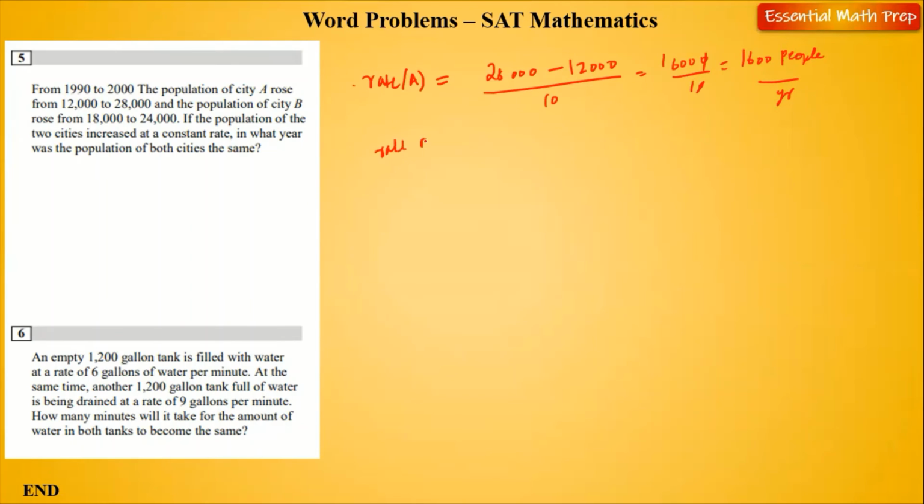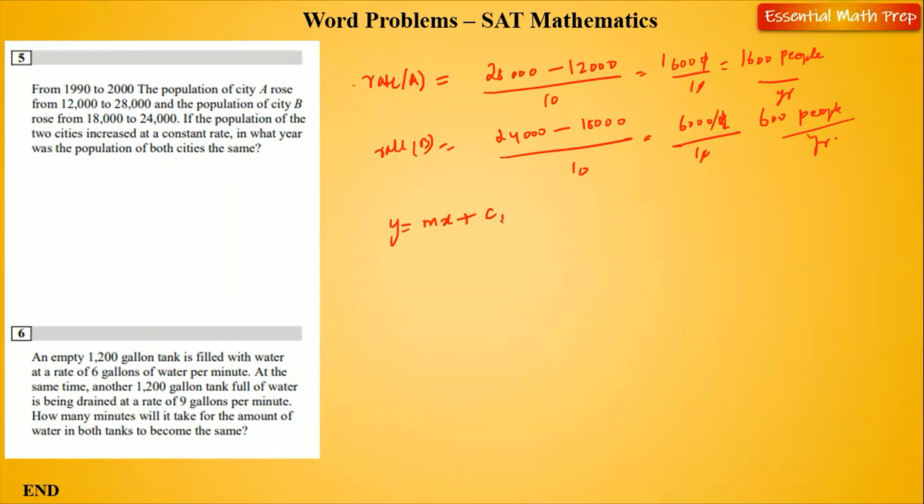Similarly, for the rate of city B, it is 24,000 minus 18,000 over 10 years. So that's 6,000 over 10, so that is 600 people per year. Because it's a constant rate, you can write it as y equals mx plus c1 and y equals mx plus c2. What are c1 and c2? M is the rate.